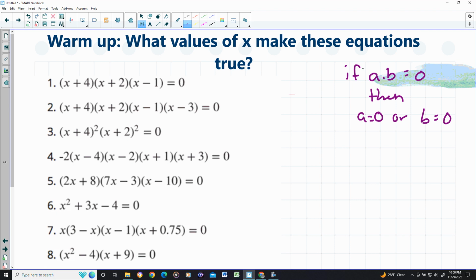But what if I had three factors? Is the same thing true? If a, b, c equals 0, then a equals 0, or b equals 0, or c equals 0? Do you think that's true? Certainly is, because let's say we know these products are 0, and let's say we know that b and c are not 0.